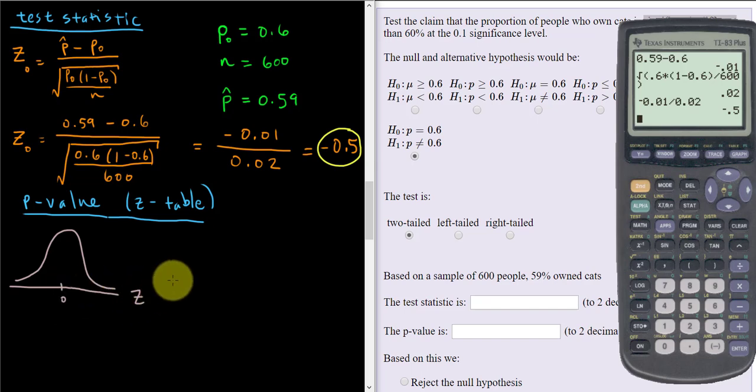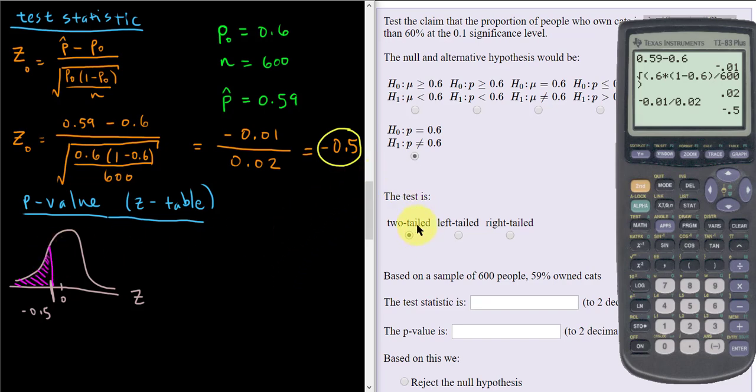Our test statistic was a negative 0.5. Think about that as a z-score. That's not an incredibly large z-score. When we determine the probability beyond negative 0.5, that is going to be this area in pink in the tail beyond negative 0.5.